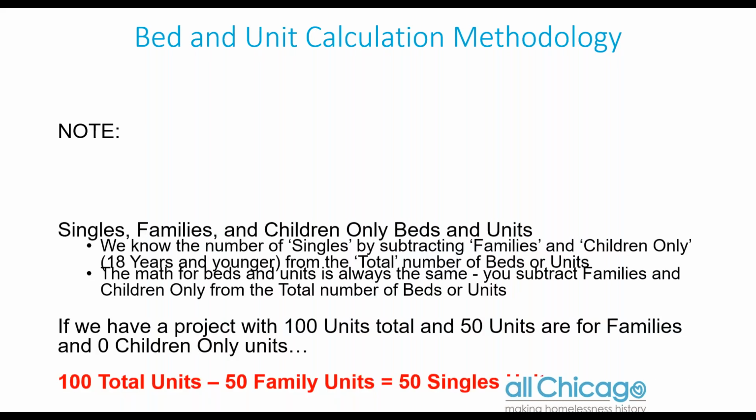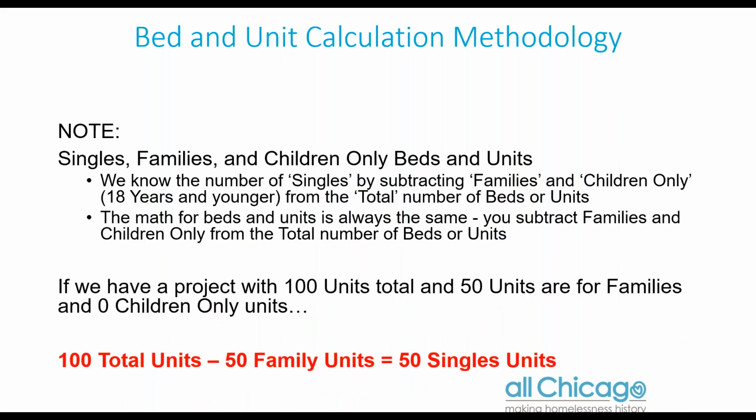So a quick note about calculations for beds and units and the methodology that we're using now. It's very similar to what HUD actually uses. So singles, families, and children only beds and units, those are the three major household types that you might encounter or that HUD wants us to talk about. It's the same how beds may be for only singles, they may only be for families, or they may only be for children.